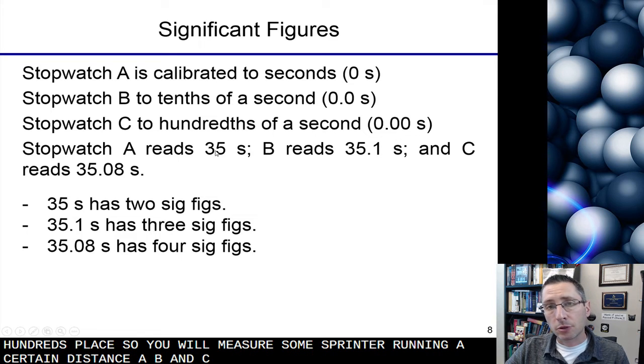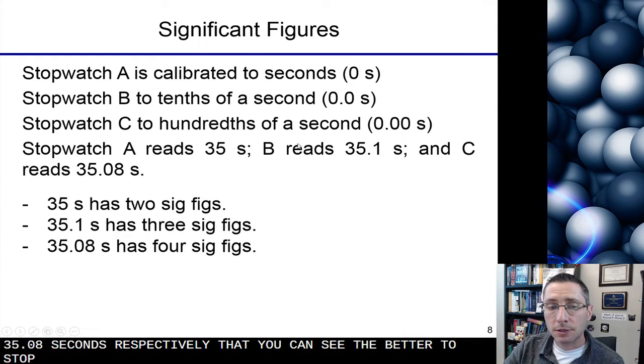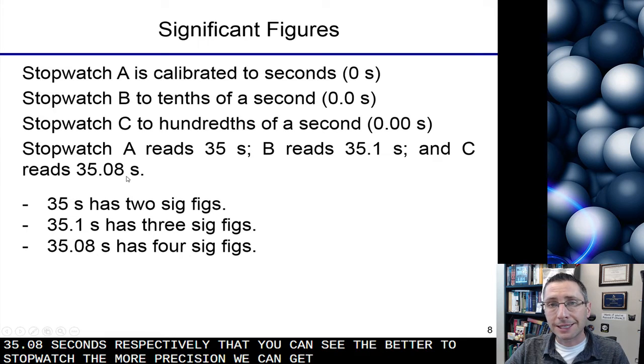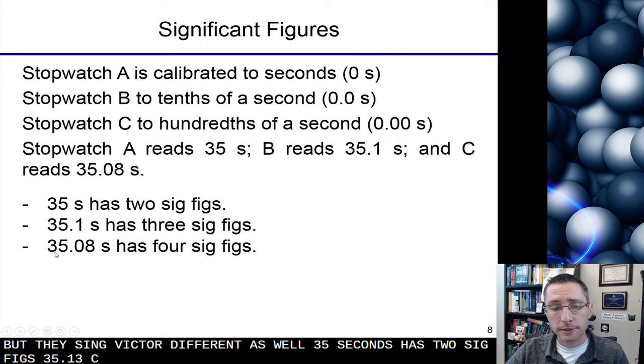A, B, and C measure 35 seconds, 35.1 seconds, and 35.08 seconds, respectively. You can see the better the stopwatch, the more precision we can get, the less uncertainty. But the sig figs are different as well. 35 seconds has 2 sig figs, 35.1 has 3 sig figs, 35.08 has 4 sig figs.